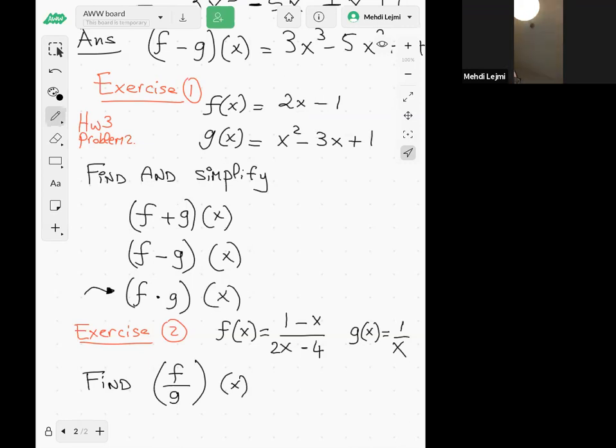Just one suggestion: in your final answer, it's better to start with the highest power of x. If your answer is like 5x minus x squared minus 2, your answer is correct, of course, but it's better to start with the highest power of x. So the answer will be minus x squared plus 5x minus 2.